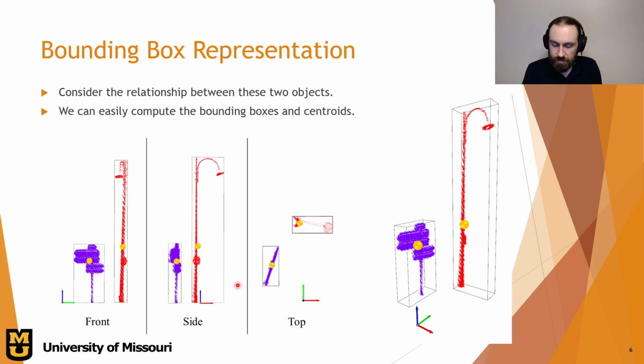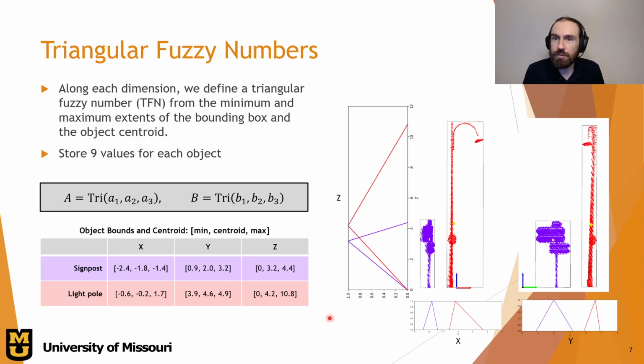And so if we do that, we can actually compute triangular fuzzy numbers to represent the positions of these objects in 3D space. So the triangular fuzzy number has a minimum point and a maximum point defined by the bounding box, and then the peak of the fuzzy number is defined by the centroid. And so this lets us represent the position of a 3D object with just 9 values, 3 values for each dimension.